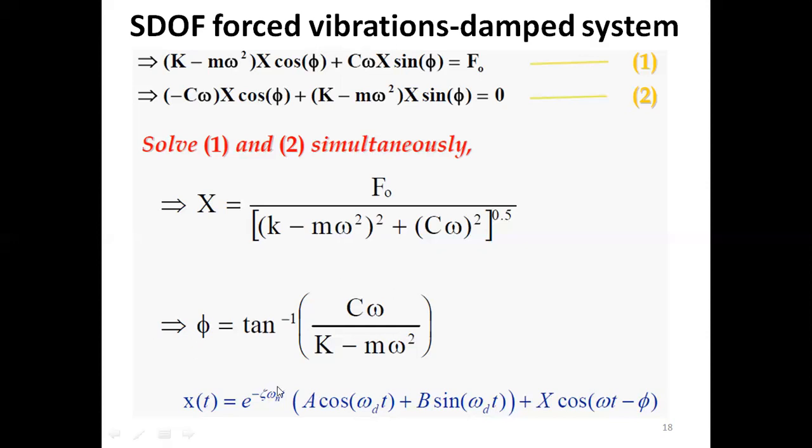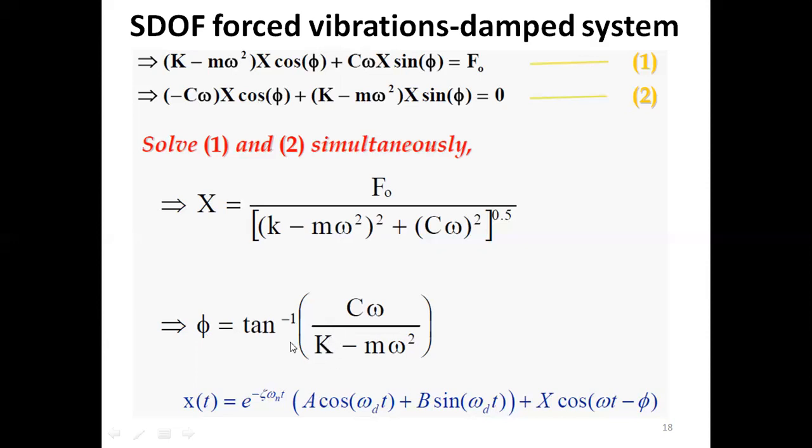Here in this equation, you just put k equal to 0. Physically, k equal to 0 means that there is no spring or elasticity in the system. If we do that, this quantity would become 0, and in the denominator we have minus m omega square. So phi is not disappearing. What does it mean?